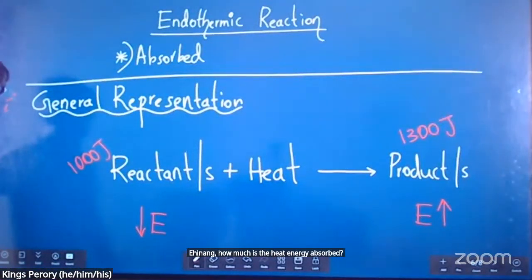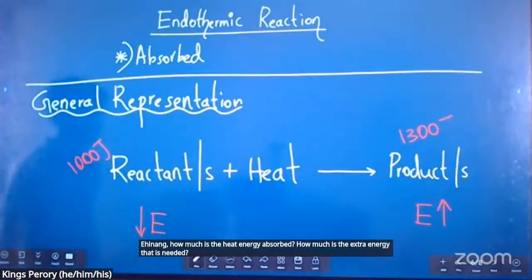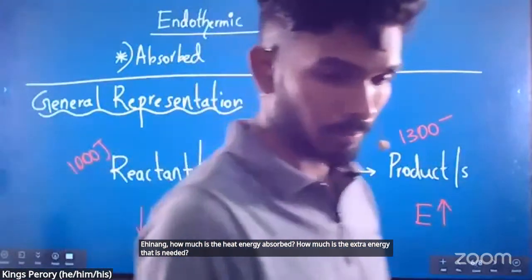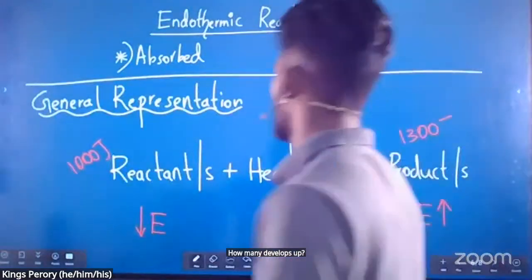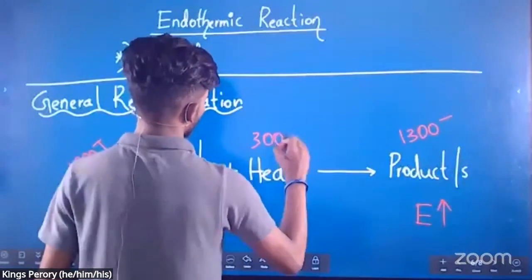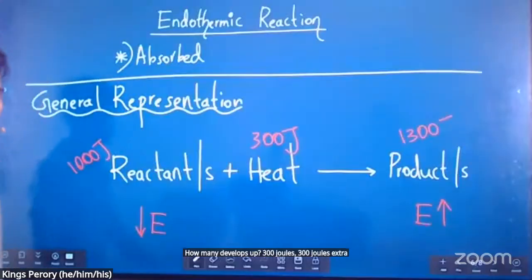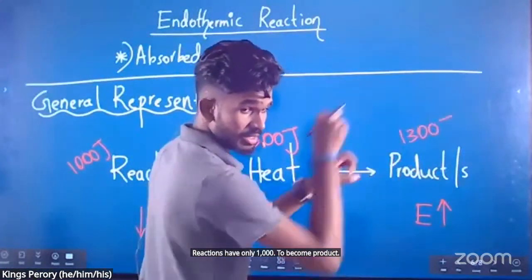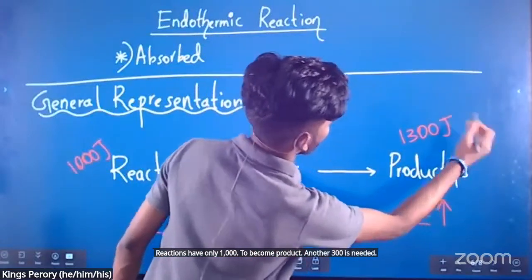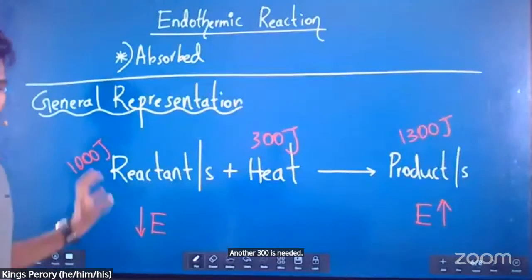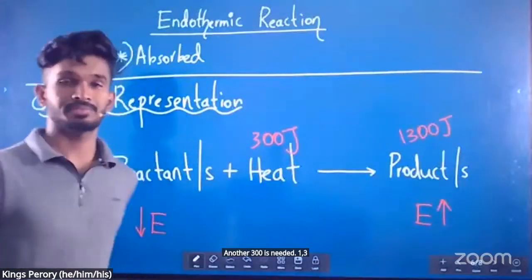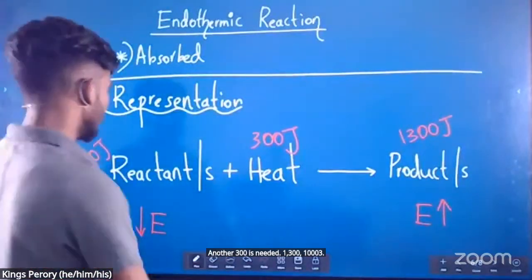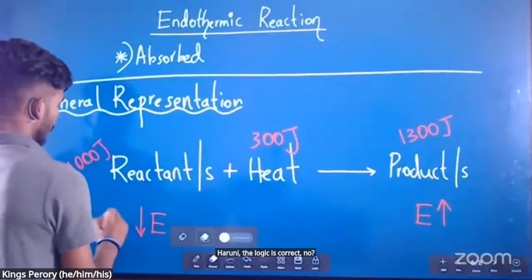How much is the extra energy that is needed? 300 joules extra energy is needed. Reactants have only 1000. To become product, another 300 is needed. 1300, 1300. The logic is correct, no?